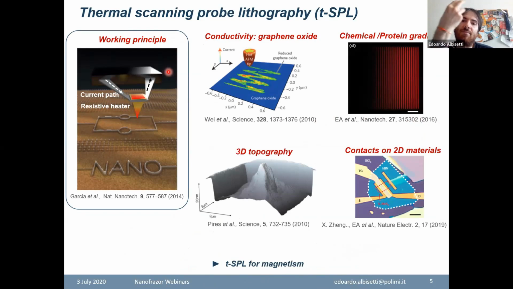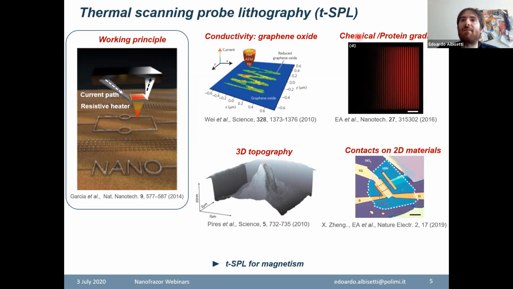And since the tip of the AFM ideally ends up with a spot that is a few nanometers in size, if you have this controlled hot spot that you can move around the sample with high precision, you can produce all kinds of chemical and physical reactions that are mediated by temperature. Or you can make some reactions that will happen in any case really faster, so that you promote this reaction only in the place that you are heating on the sample.